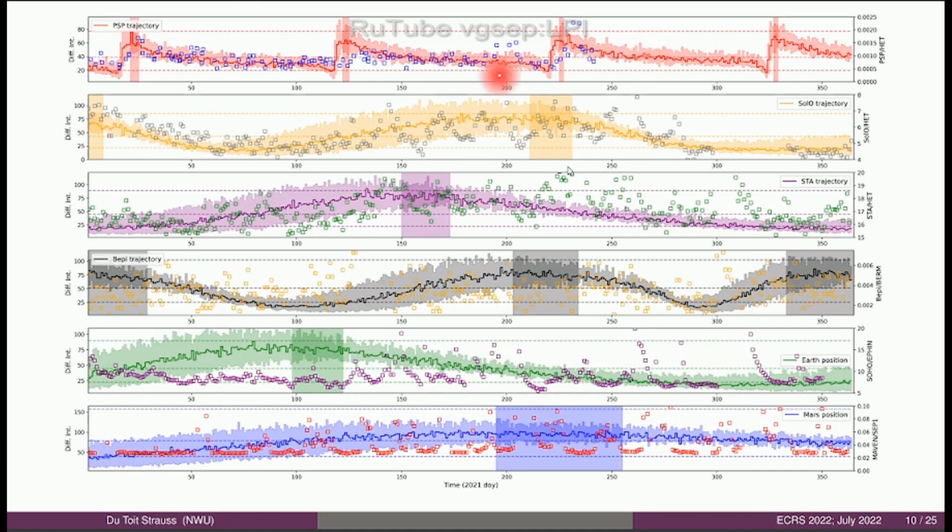The same for Solar Orbiter, you can see this nice trend. The same for Stereo A. So we still have to maybe massage the data a little bit to see if we can get a clearer signal out, but in principle, we can now do these two-dimensional reconstructions of the particle intensity, which I think is really, really great.